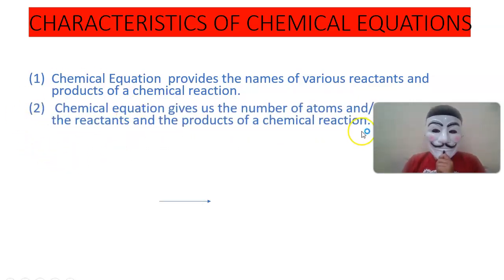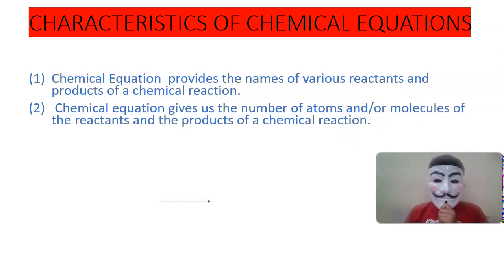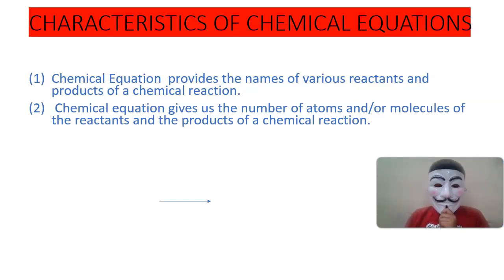Here is our second point. A chemical equation gives us the number of atoms or molecules of the reactants and the products of a chemical reaction.